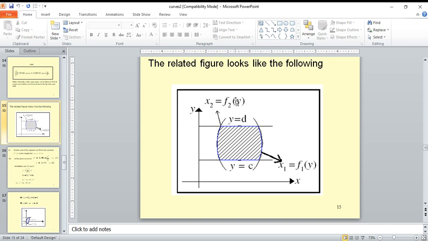In these two curves, the right side is the upper curve and the left side is the lower curve. X1 equal to f1(y) is the upper curve, x2 equal to f2(y) is the left side curve, the lower curve, and y equal to c and y equal to d are the lines. We are finding the area in between. Remember, the right curve is the upper curve and the left curve is the lower curve.